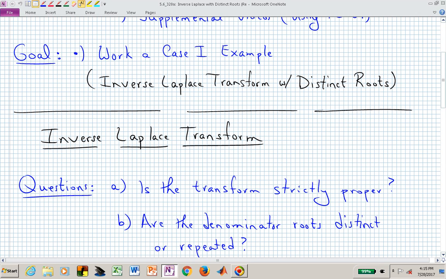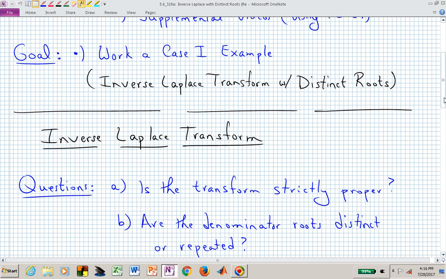Question A: is the transform strictly proper, which means is the denominator polynomial of order strictly more than the degree of the numerator? If it is not, then you will need to do some long division in order to obtain a remainder that has an order strictly less than the order of the denominator.